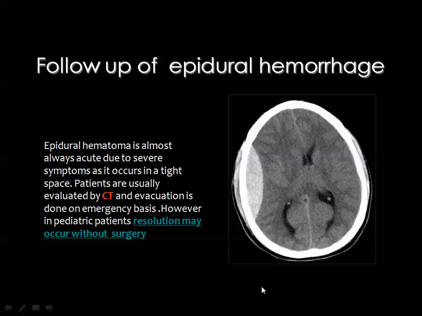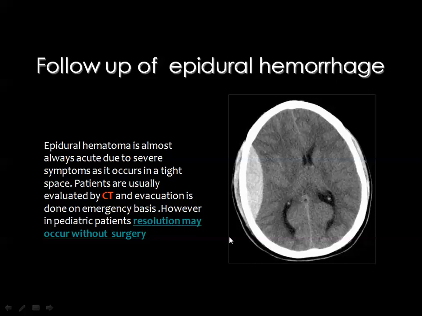Then if you follow the epidural hemorrhage, the hemorrhage in general, it starts by an evident hyperdensity in the CT scan, and by time, this hyperdensity will decrease until it becomes hypodense compared to the brain parenchyma.